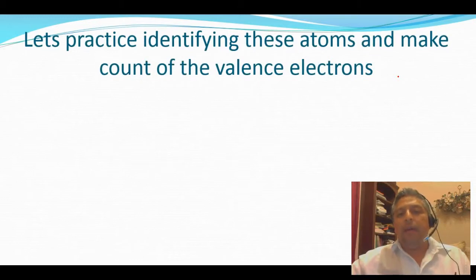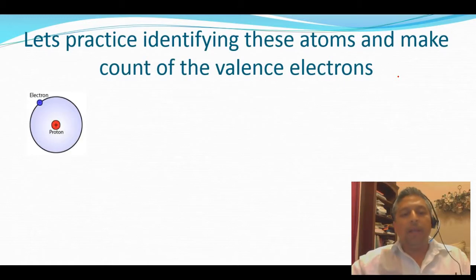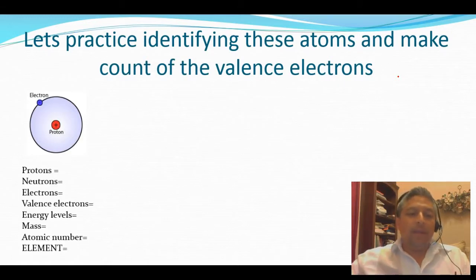Let's practice identifying these atoms and counting the valence electrons in these atoms. For example, this has one proton. We can see the count right here. Neutrons, notice that there is none, so we have 0. Neutrons are supposed to be in the nucleus. We don't have any, so that's 0. Electrons, we have 1.